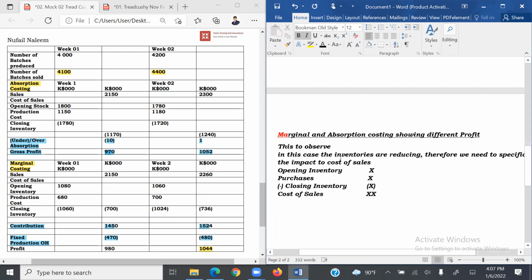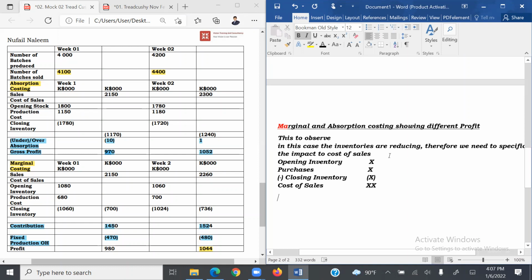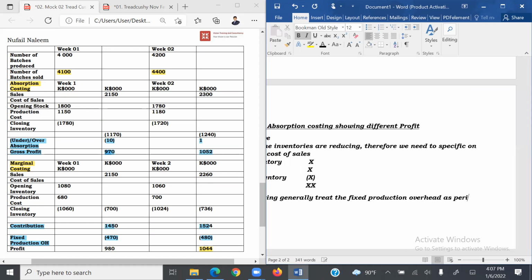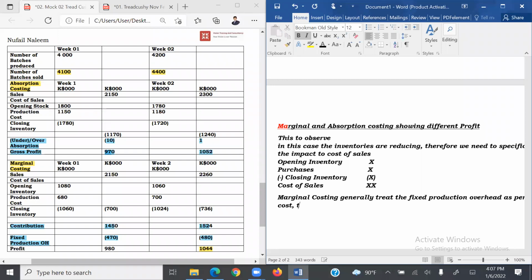So students, costing showing different profit. So first thing we will start writing a note. Marginal costing generally treats the fixed production overhead as a period cost. As what cost, students? As a period cost.